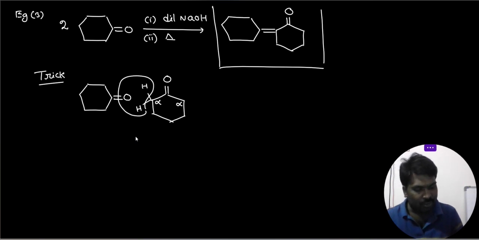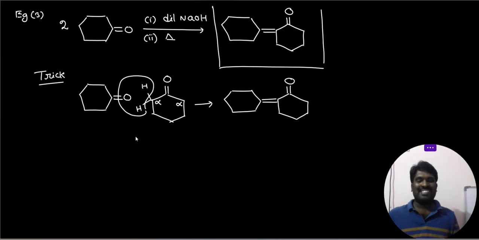Understood? Now just combine. What is the product? This is one cyclohexanone, oxygen, and another cyclohexanone, alpha hydrogens. So this is the product. I hope everyone is clear. The same kind of aldehydes or ketones participated. That's why it is a self-aldol condensation reaction.